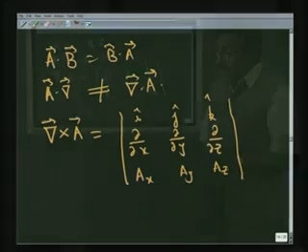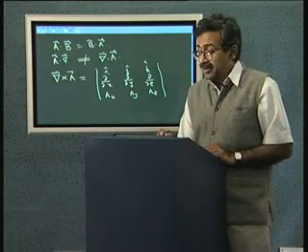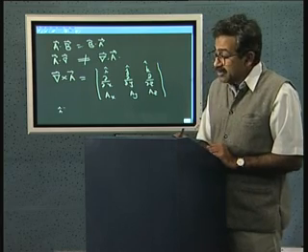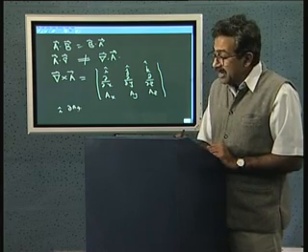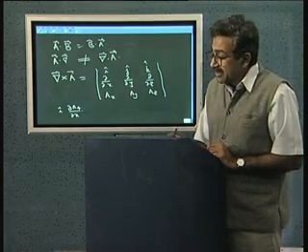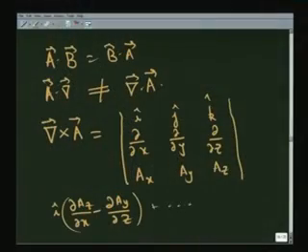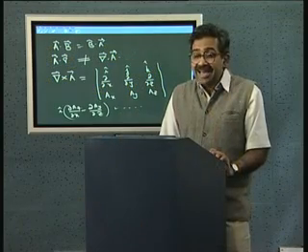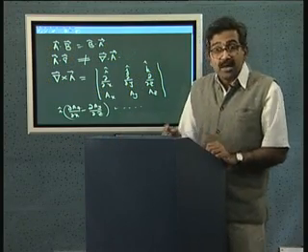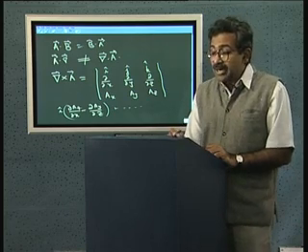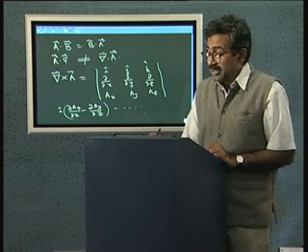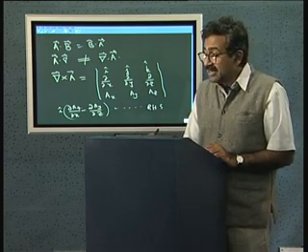Well, we know how to expand the determinant. This will be unit vector i times (del Az by del y minus del Ay by del z), plus so on and so forth. This object constitutes a vector field. Again, I urge you, please go home, take paper and pencil and verify for yourself that the RHS is indeed a vector field.